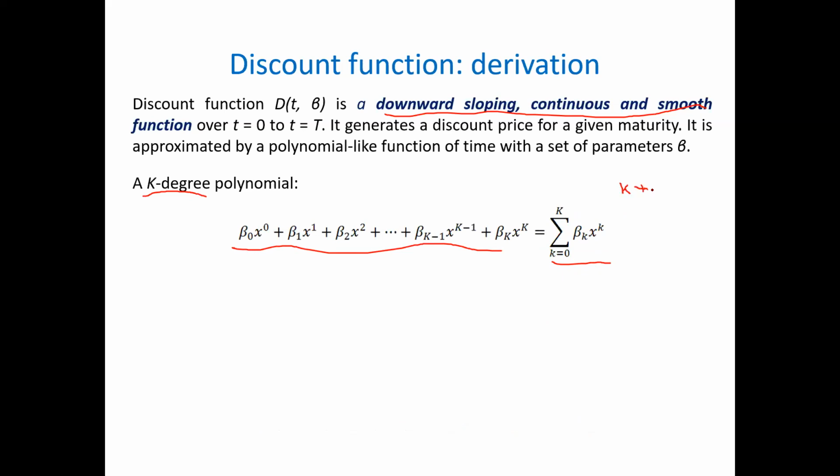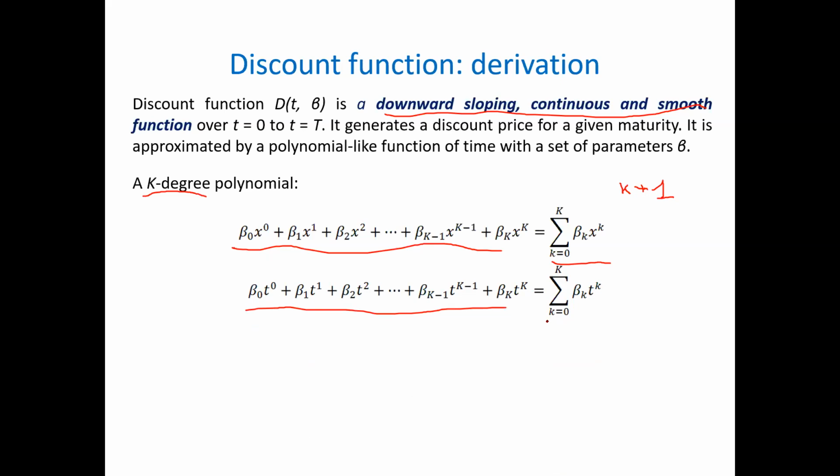Now, in this particular representation, we have x as the independent variable, but in our case, the independent variable is time to maturity. So let's simply substitute t instead of x. I do not introduce any mathematical transformations, I simply replace x with t. Again, we have either the extended form or the condensed form.